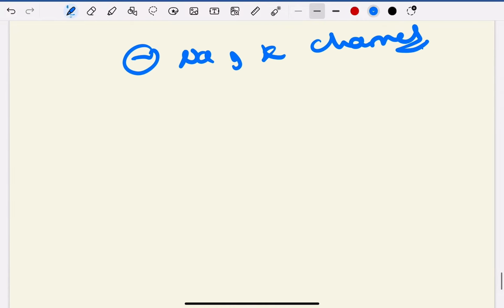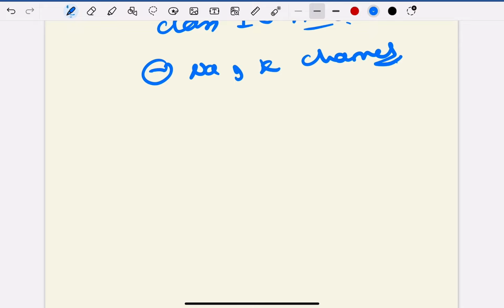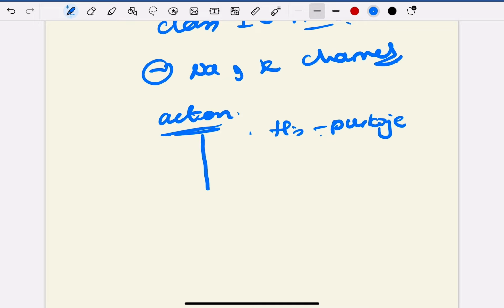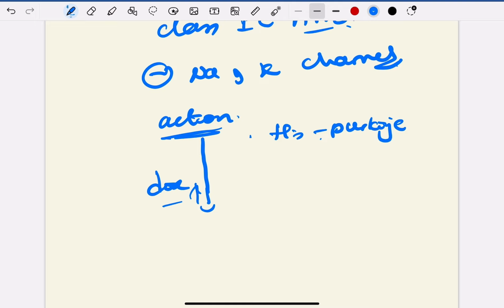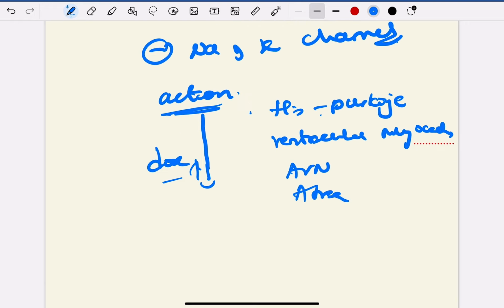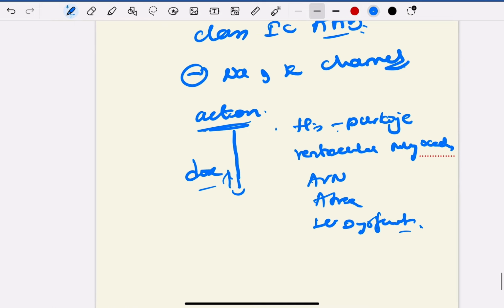So as the dose or toxicity increases, you get effects on the AV node, atria and left ventricular dysfunction.